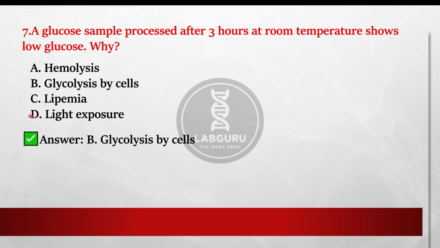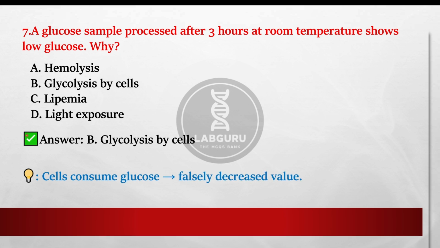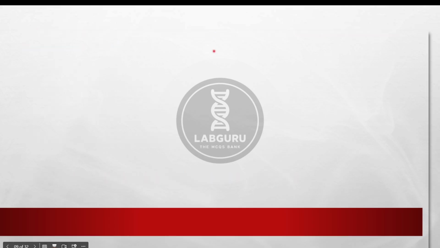So the right answer is option B, glycolysis by cells. After blood collection, the RBCs, the cells, consume the glucose and go for glycolysis metabolism. So they utilize the glucose present in the sample and a falsely decreased value of glucose is obtained.